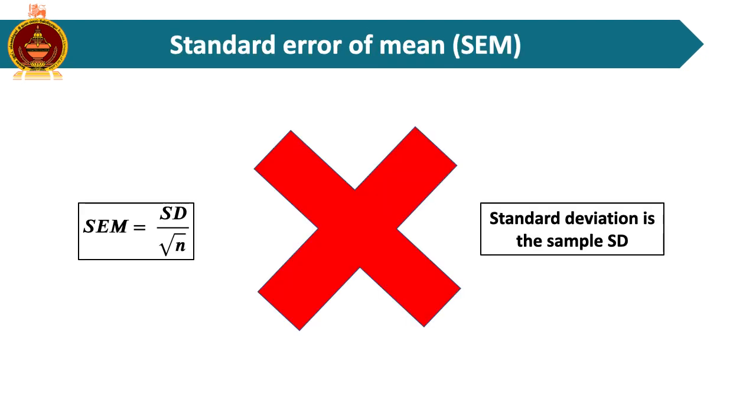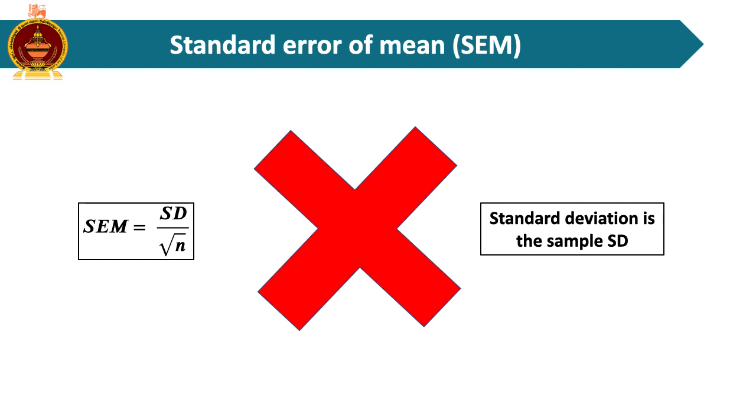Standard error of mean equals standard deviation divided by the square root of n. What is this standard deviation? Is it the sample standard deviation or the population standard deviation? This is the population standard deviation. However, if we have obtained a random and representative sample with adequate size, the sample standard deviation is more or less equal to the population standard deviation.